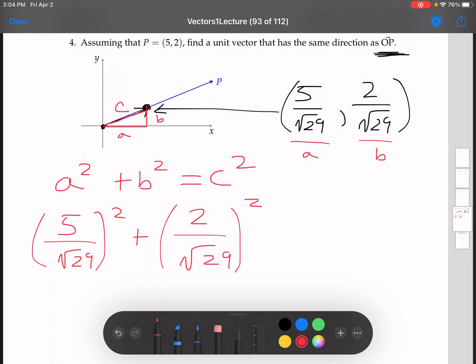Now see what happens here. Squaring this, we get 5 squared over root 29 squared, which is just 25 over 29, plus 4 over 29.